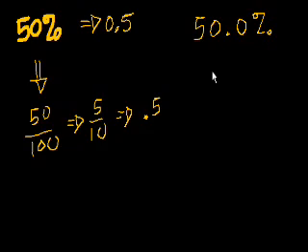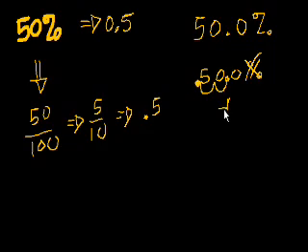If I want to convert that 50% into a decimal, all I do is get rid of the percent sign, and I take the decimal point and move it over 2 spaces to the left. So I say 1, 2. So this is where the new decimal is.